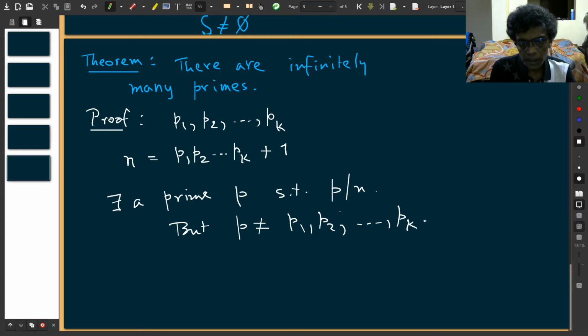So that is a contradiction. We assumed that there are only k primes, P1 through Pk, but this gives me another prime P which is not in this set. So this is basically a contradiction. This is Euclid's proof.